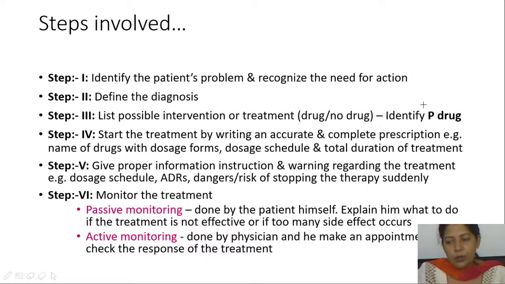Let's say you give due weightage to all these factors and you finally select nitrates as your P class of drugs. Then amongst nitrates there would be glyceryl trinitrate, glyceryl mononitrate, and dinitrate also. So you have 3 nitrates that you could use.